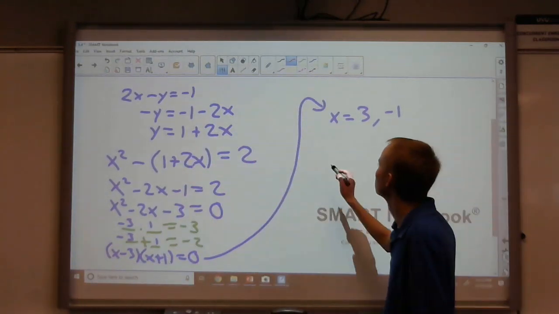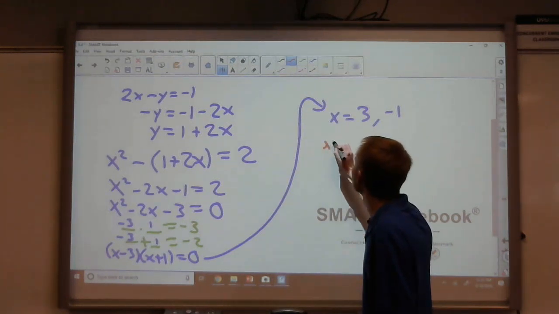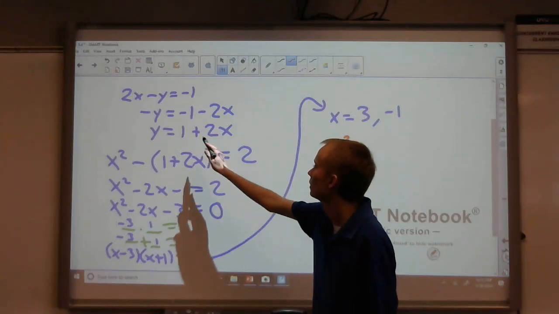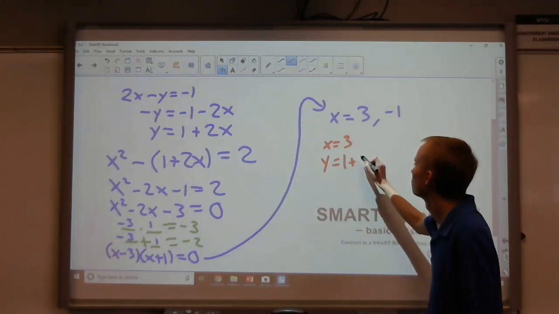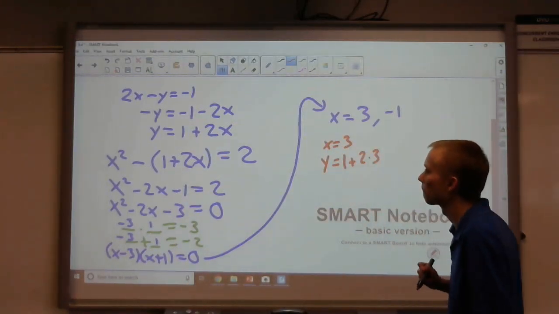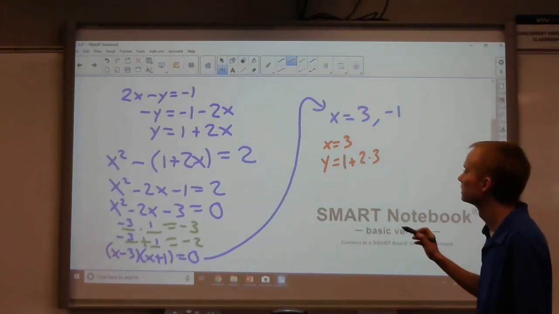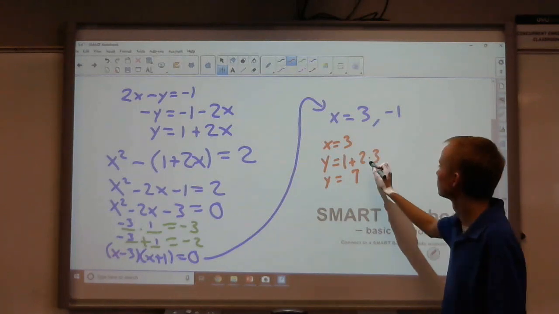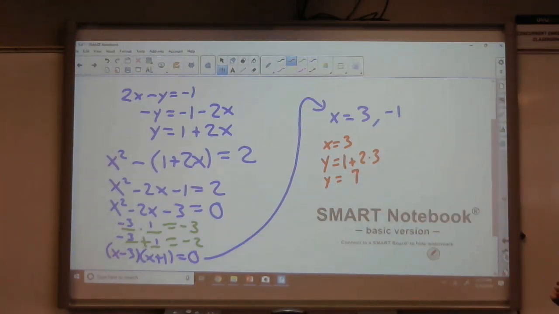So I get when x equals 3, what is y going to be? I plug in 3, I get 1 plus 2 times 3, which is 7, right? 6 plus 1 is 7, okay?